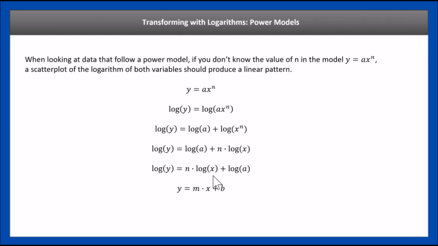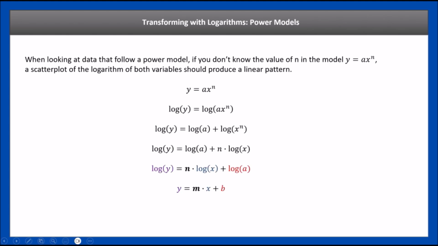We transformed those by taking the log. The n, the exponent, is actually the slope of this linearized form, and log of a is our y-intercept. So if we graph this model, the slope of that line of best fit is going to give me my exponent n.